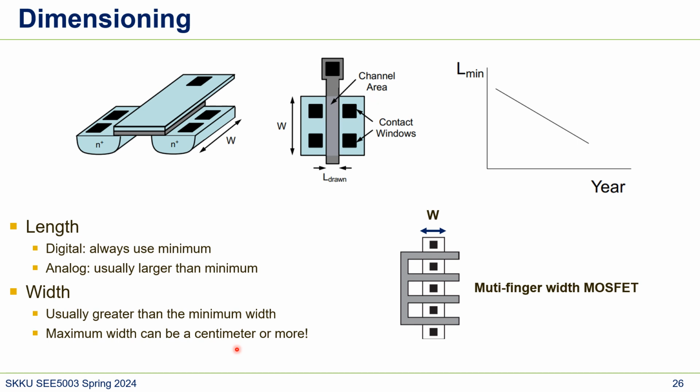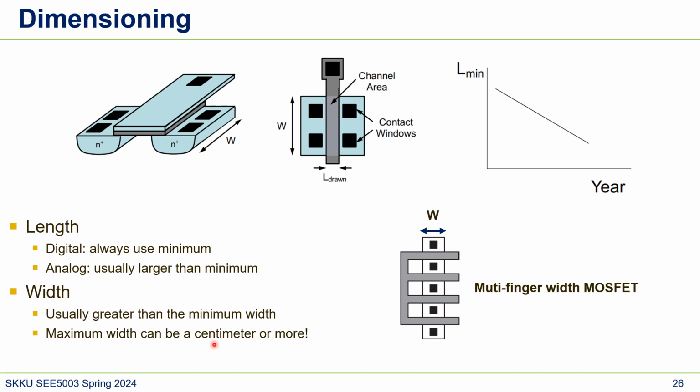In my experience, my research purpose chips were mostly 1.2 by 1 millimeter. But for company chips, those are a lot larger. Anyway, I'll say the chip size can be millimeter scale.